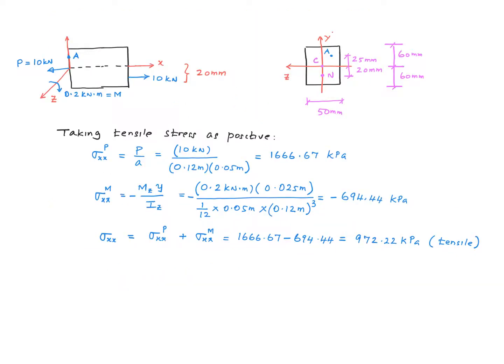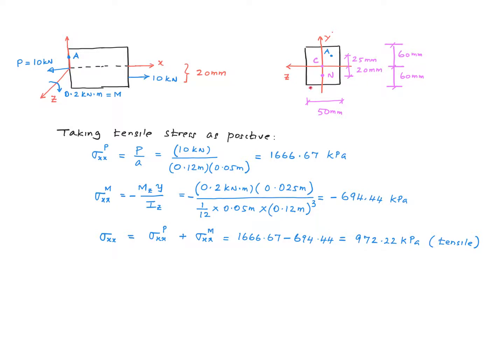Now that we have the internal forces, we can go ahead and calculate the stresses due to each of the internal forces. The axial force P produces a uniform stress throughout the cross-section, right? So that includes point A. The magnitude of the stress is P over A. P is 10 kilonewton.